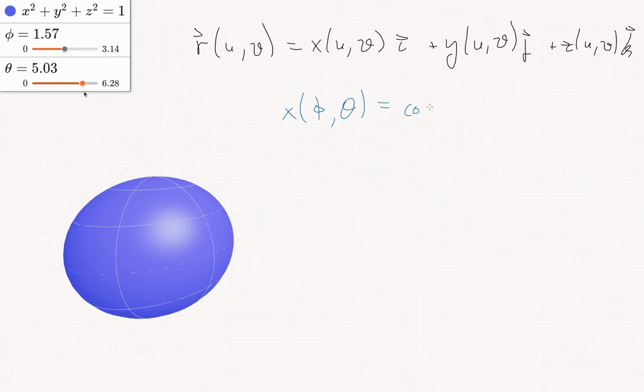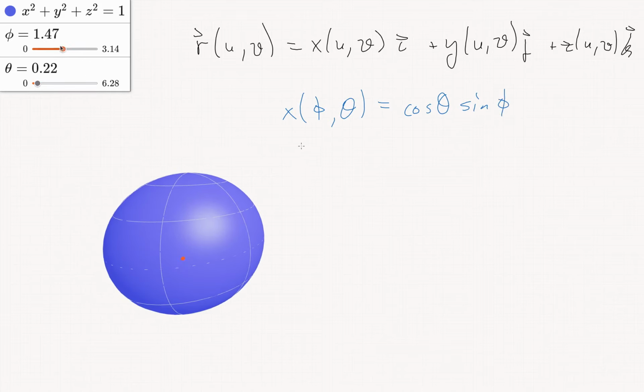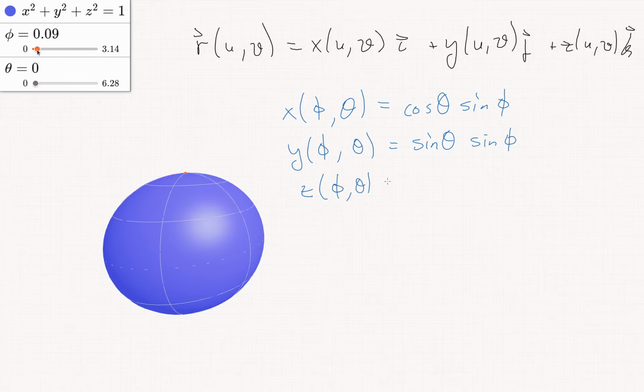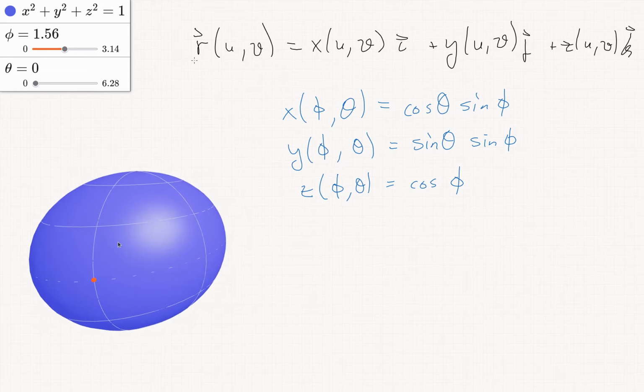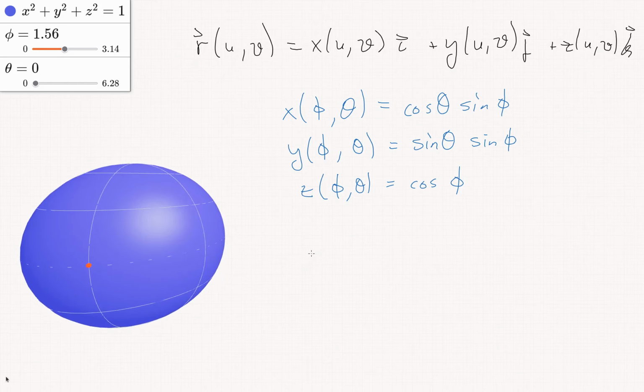So x is cos theta sine phi, y is sine theta sine phi, and z is cos phi.